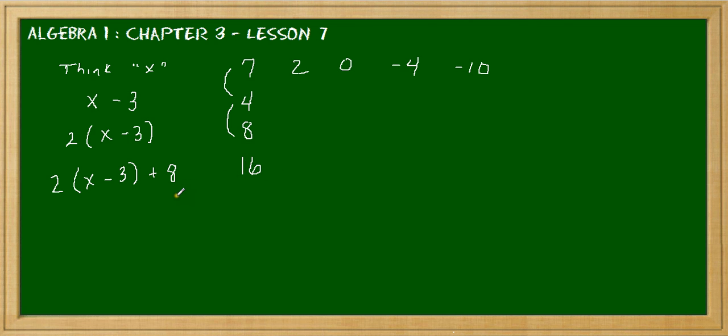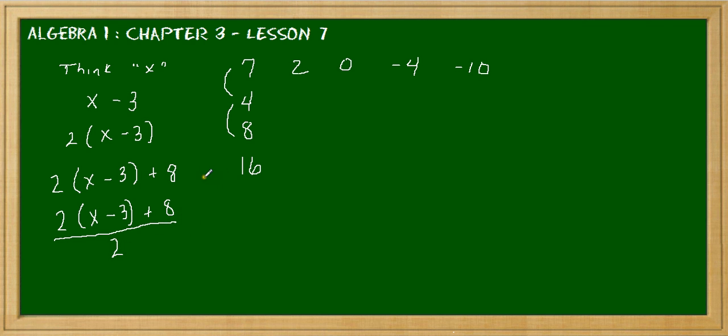Then we're going to divide all of this by 2. Okay, so I'm going to rewrite this over here. So it would really look like this. 2 times parentheses x minus 3 plus 8 all divided by 2.